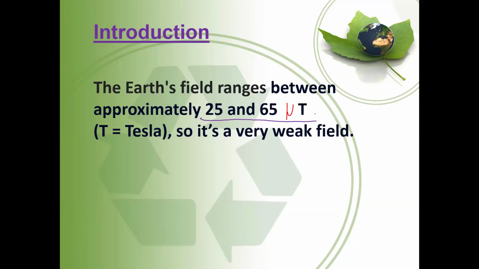The number is not required. The concept is required: Earth produces a very weak field. Second concept, this field is noticeable on a magnetic compass, but it doesn't interfere with our electrical systems, with our satellites, with our normal functions involving iron. So these are the two concepts.